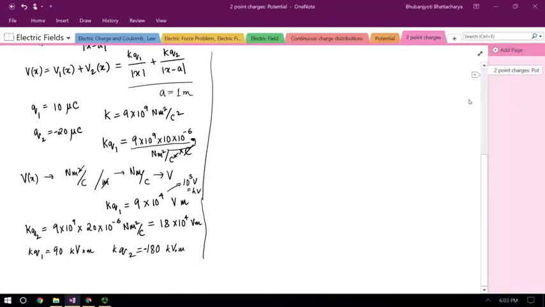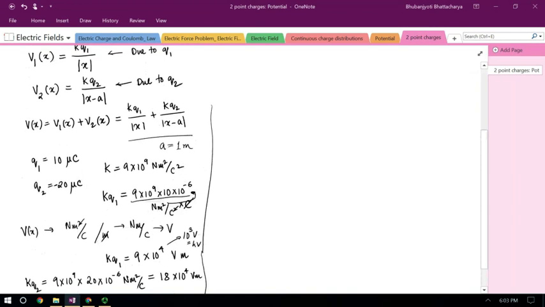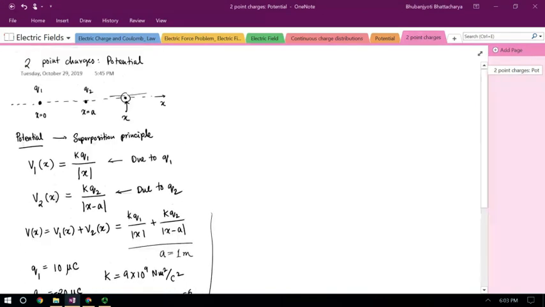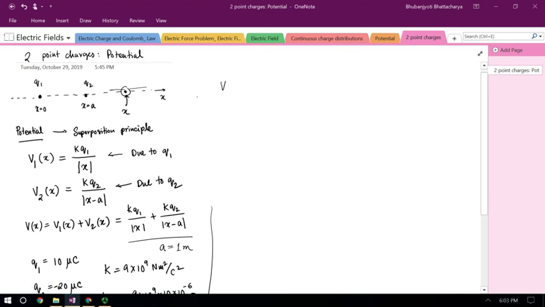Okay, we have talked about the potential, but now let's briefly talk about the potential energy for the two-point system. So remember, for the first point charge, the potential energy was 0. For the second point charge, how much work did we have to do to bring that second point charge to this point over here? Well, that's going to be equal to really the potential due to the first point charge at x equals a.